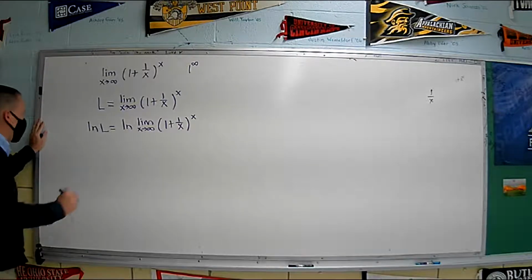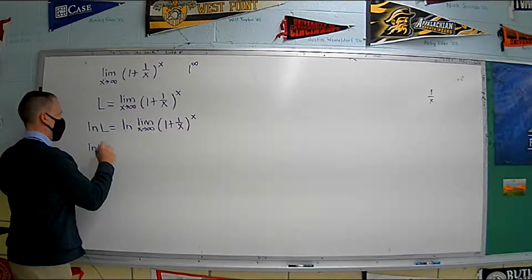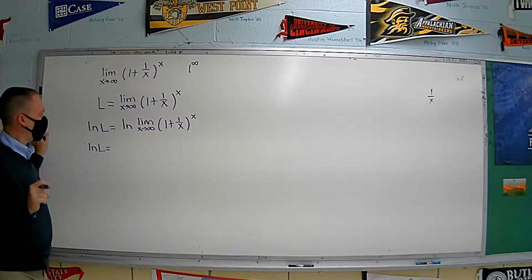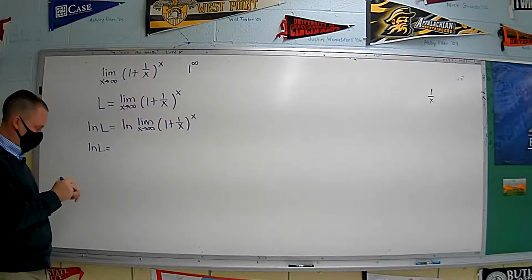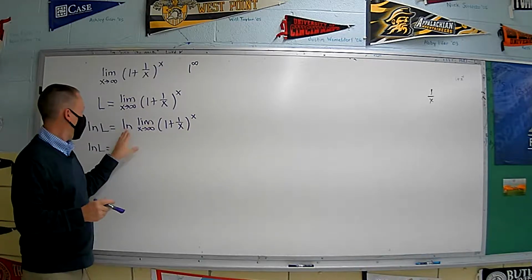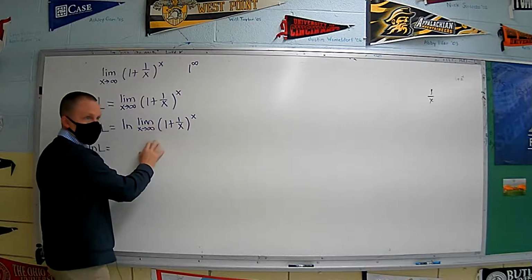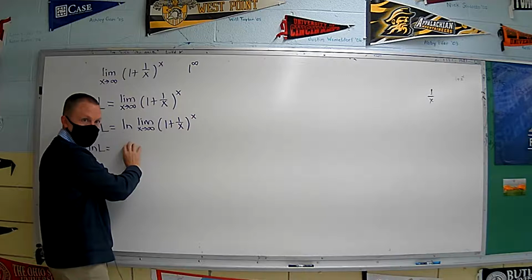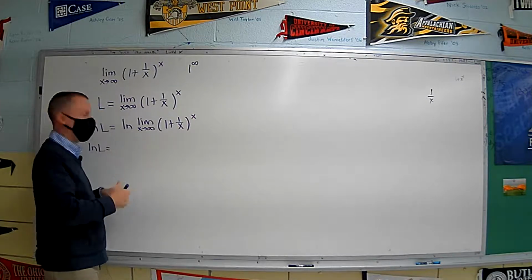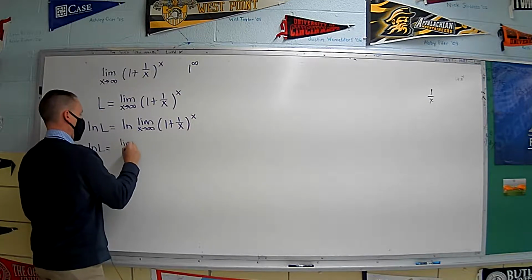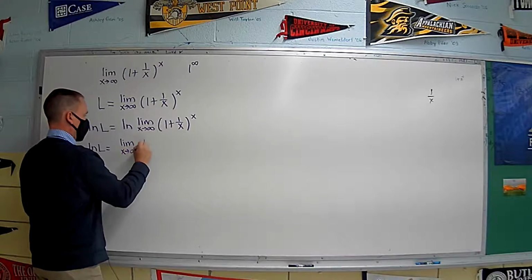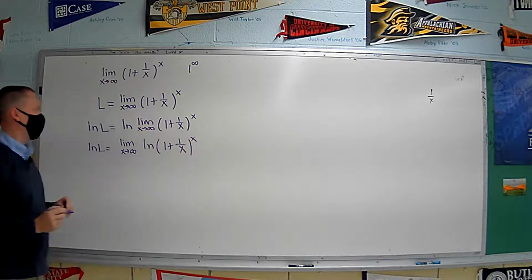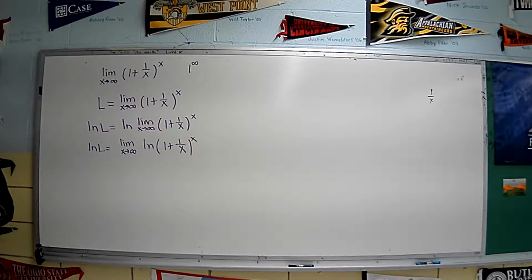If you think about this for a second, this probably will make sense. If I'm taking the natural log of whatever this is approaching, that is equivalent to taking the limit of the natural log of the stuff.